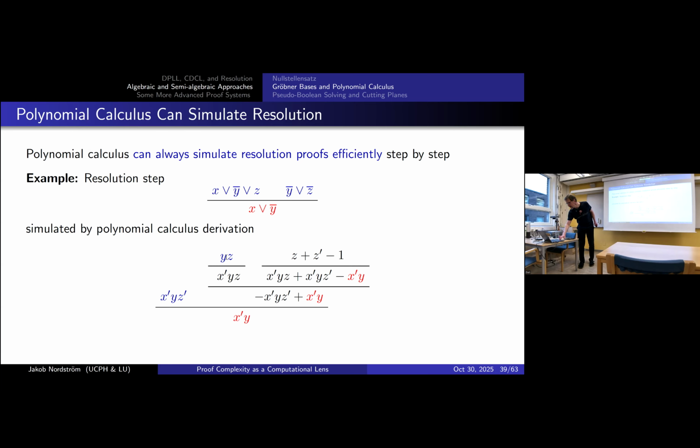And then what you basically do is take the complementarity axiom for the literal to be resolved over, and then you just multiply by the right monomials, and you sum up, and at the bottom, lo and behold, you get the polynomial representation of the clause that we wanted to derive. So I'm doing this very, very quickly, and the details can be checked offline, but this is a general thing, this works. And this means that if you have any small resolution refutation, you can generate a small polynomial calculus refutation also.